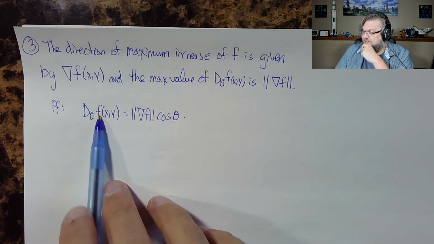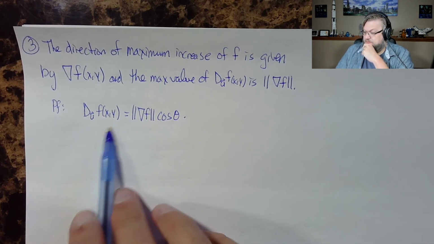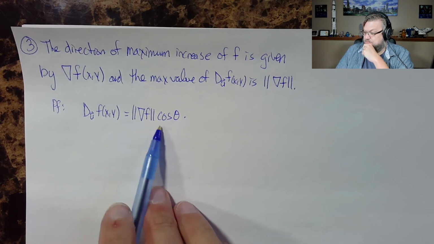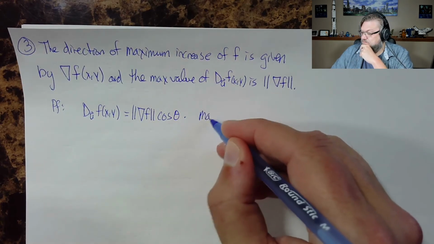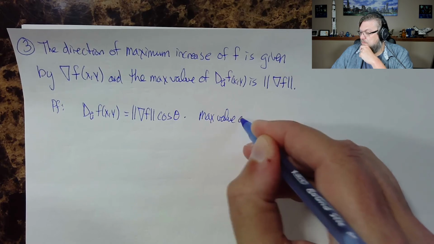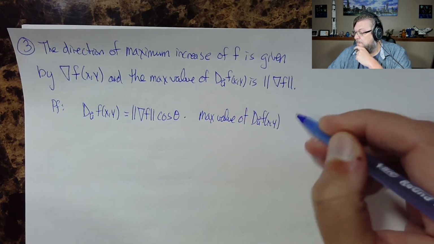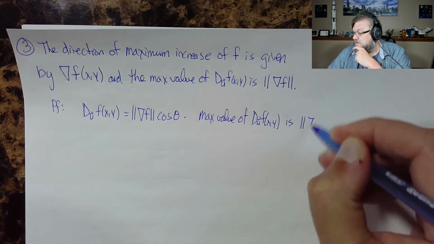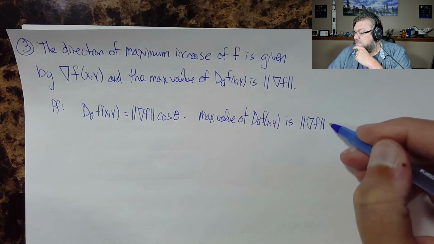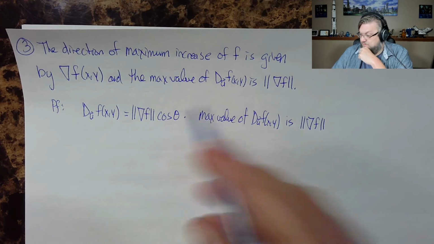So the maximum value that the directional derivative could ever be is the magnitude of the gradient of f, where the cosine of theta is 1.